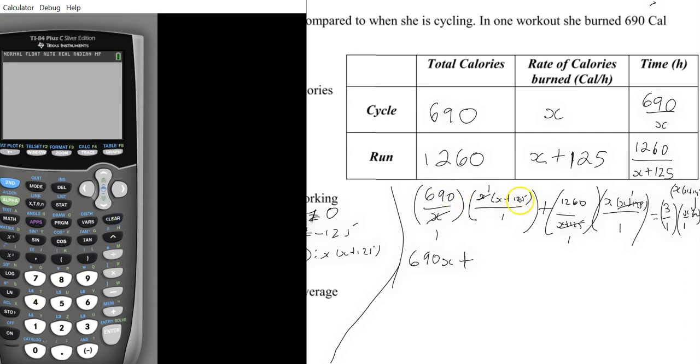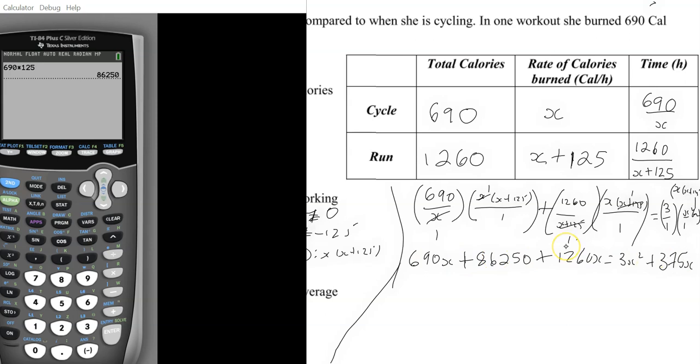We have 690 times 125, so 86,250, plus 1260x equals 3x times x, so 3x squared, plus 3 times 125, 375x. Okay, so we've got ourselves a little bit of a quadratic here.